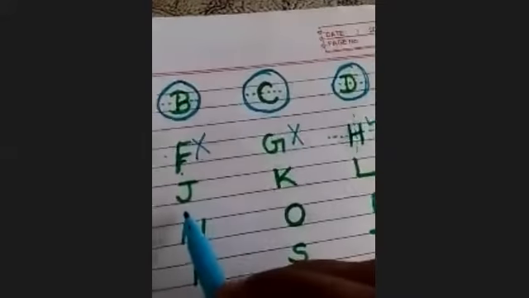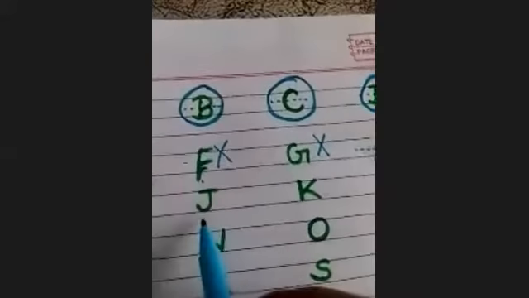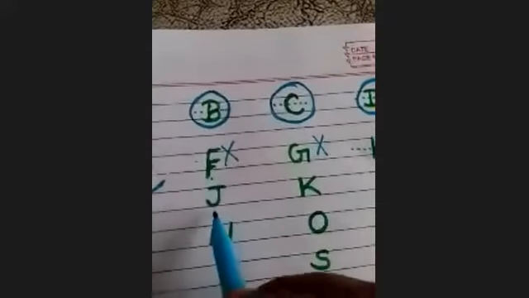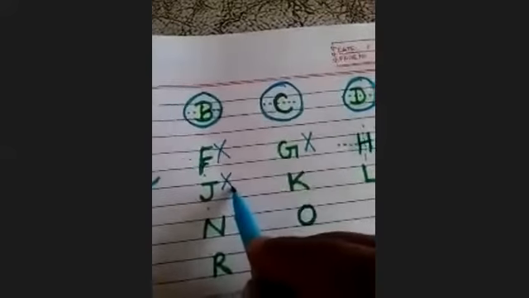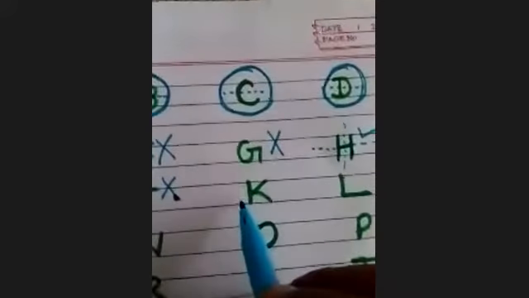Next is letter J. Since letter J has no line of symmetry, we'll cross it. Next letter is letter K. Letter K has one line of symmetry.